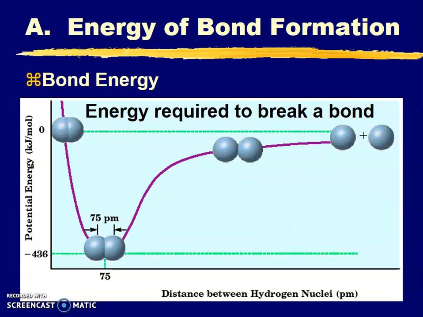Okay. So this area between my two green lines here is the amount of energy that is required to break the bond. That is the amount of energy to break the bond.